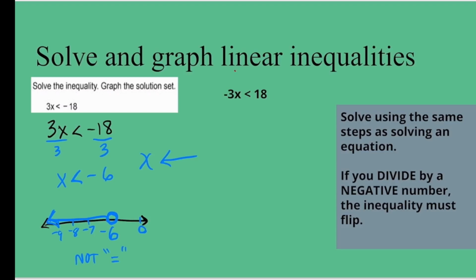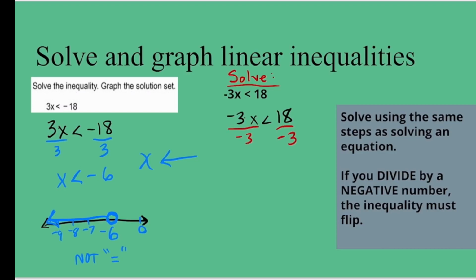This other equation is very similar, but very different. The difference here is I just took the negative off the 18 and put it on the 3. So we have negative 3 times x is less than 18. Now we're going to divide by negative 3 on both sides.